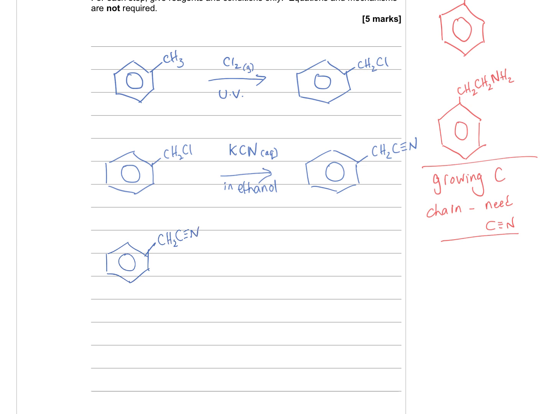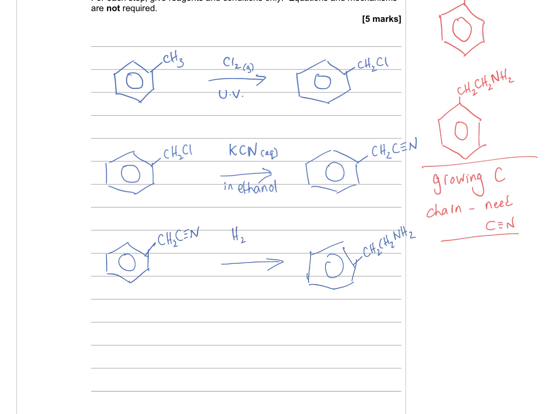That nitrile then needs to be reduced to make it into the amine. The method you need to remember for this particular specification is to react it with hydrogen, and you need some kind of metal catalyst.